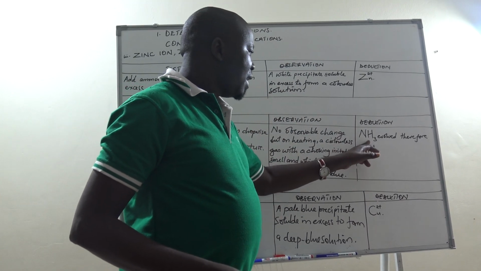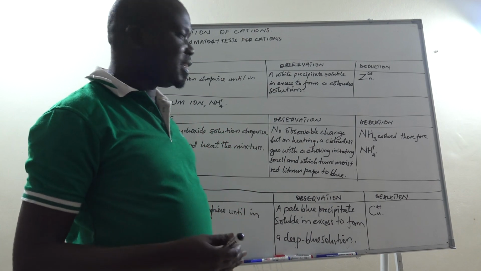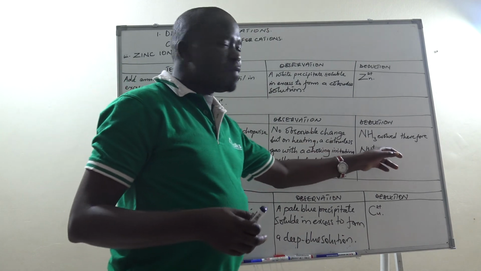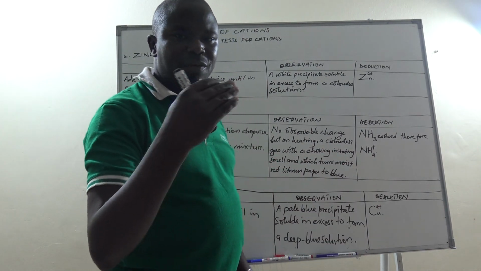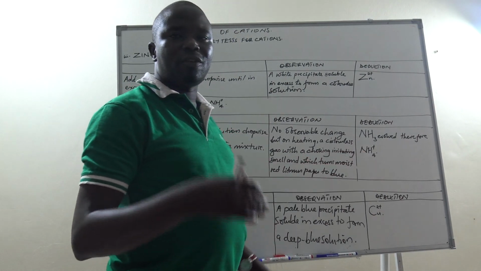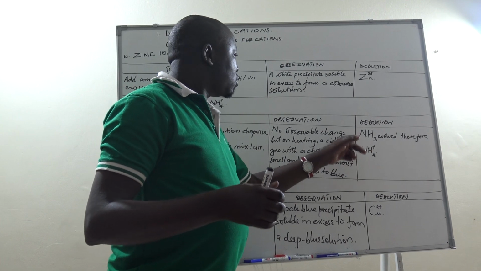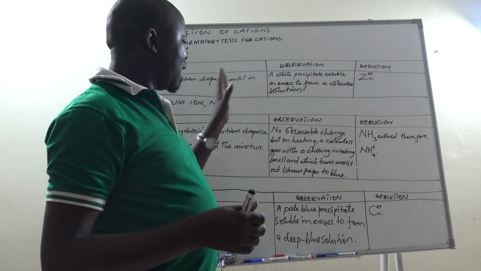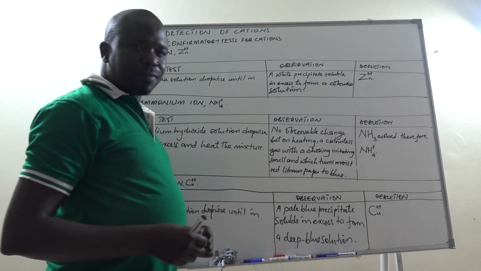So you just write the name of that cation. Someone goes ahead and says ammonium ion is confirmed. There is no problem. It's okay. So don't forget these confirmatory reagents for the cations.